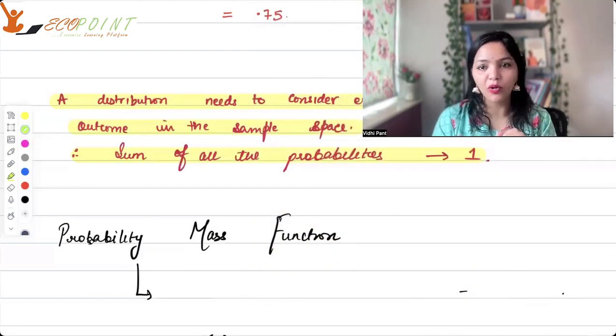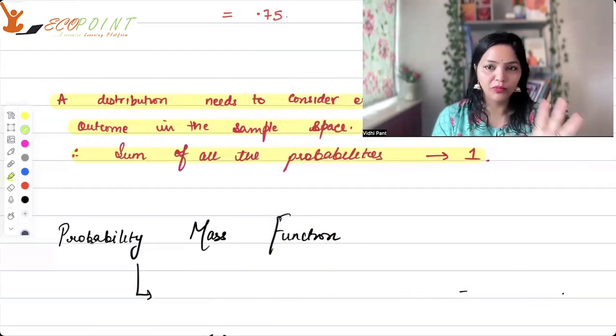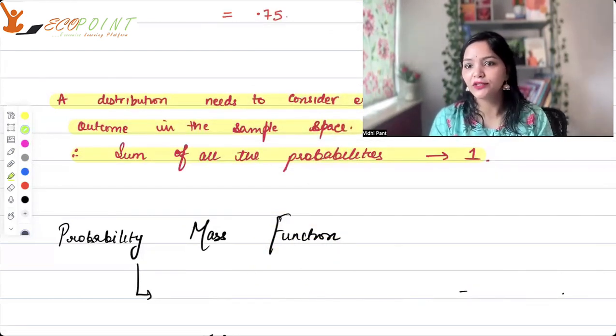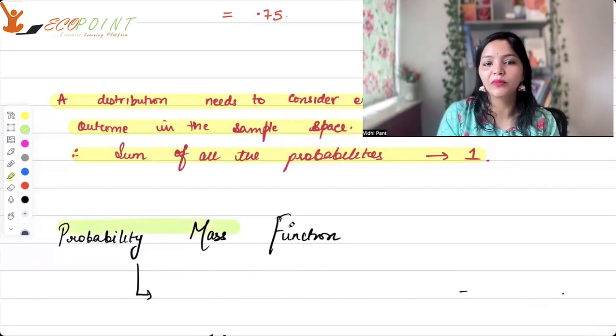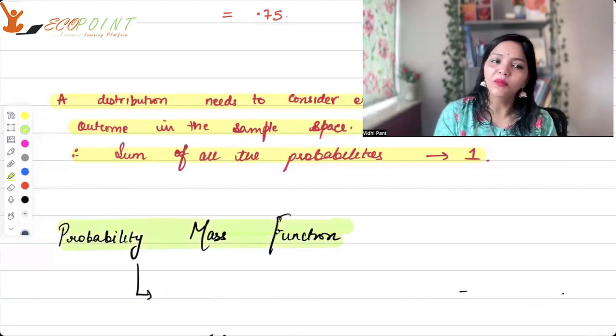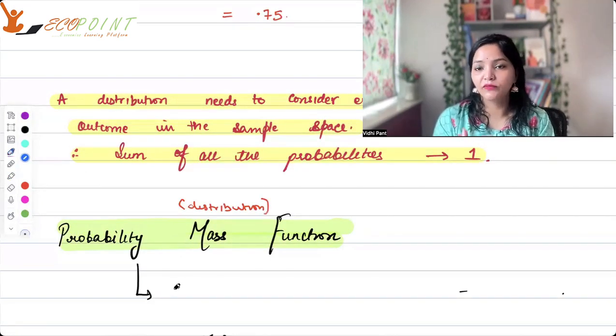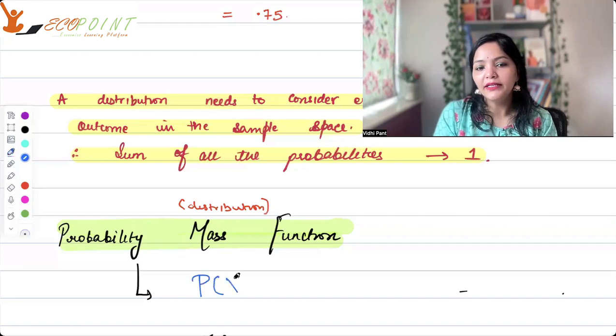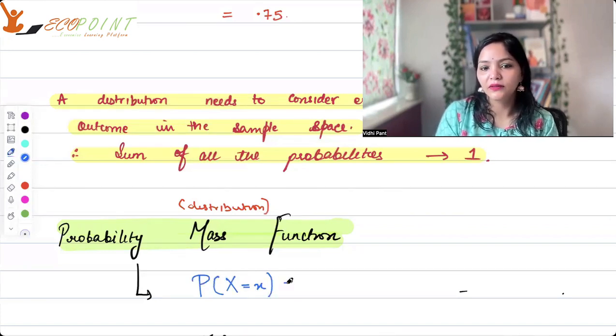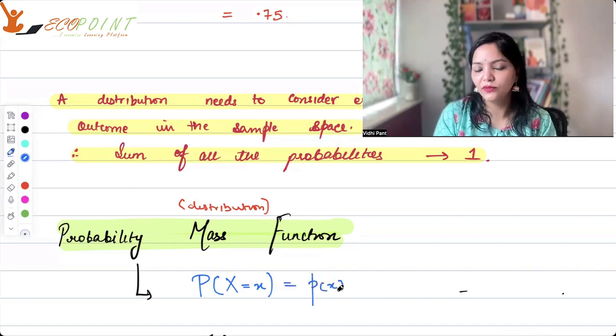There's another very important vocabulary associated to probability distribution, associated to the random variables. That is the probability mass function. Probability mass function or distribution function. Now, what is probability distribution function or probability mass function? Probability x is equal to x, something which we are writing as lowercase p(x) also.